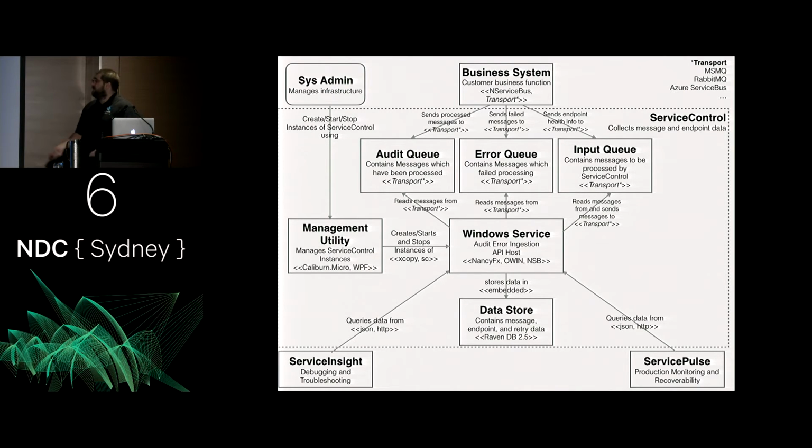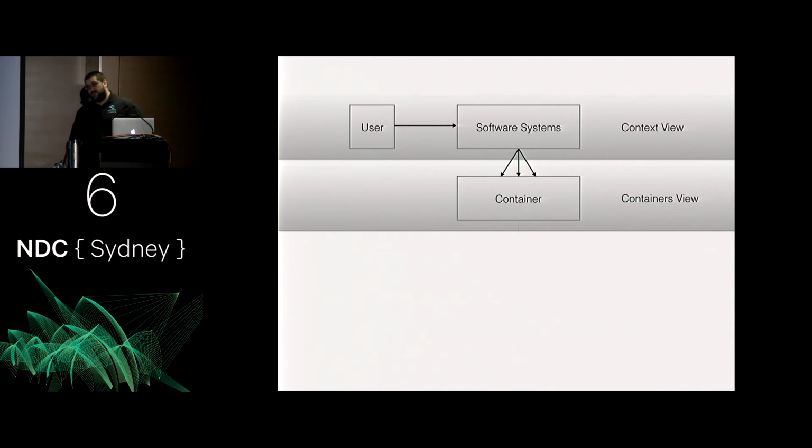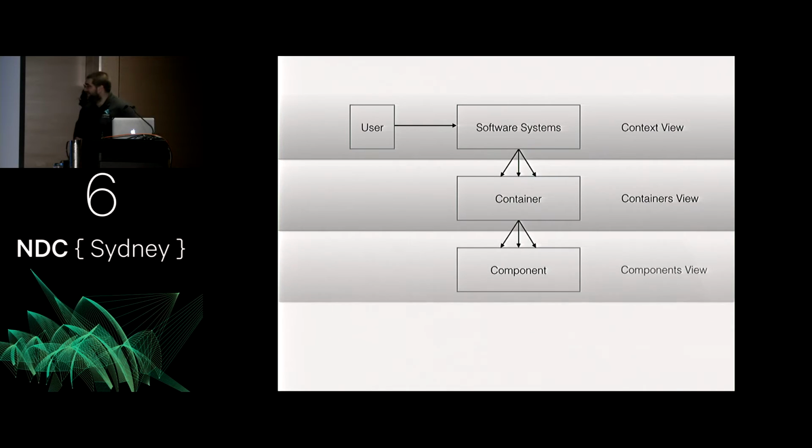So carrying on, diving even deeper, if we've decomposed our software systems into containers, the next step is to get a little bit closer and to take one of our containers and decompose it into something else. And the next abstraction in C4, unfortunately another overloaded term in software engineering, is the component. Now, component is a funny one.